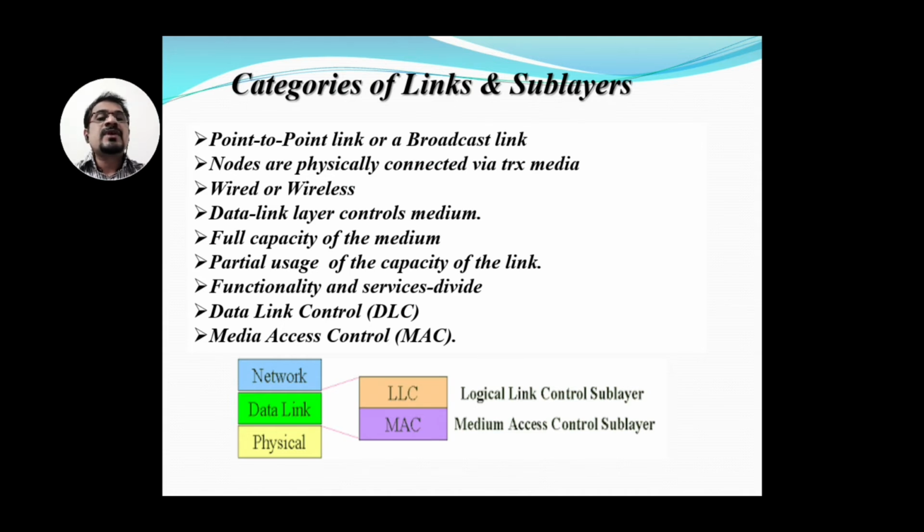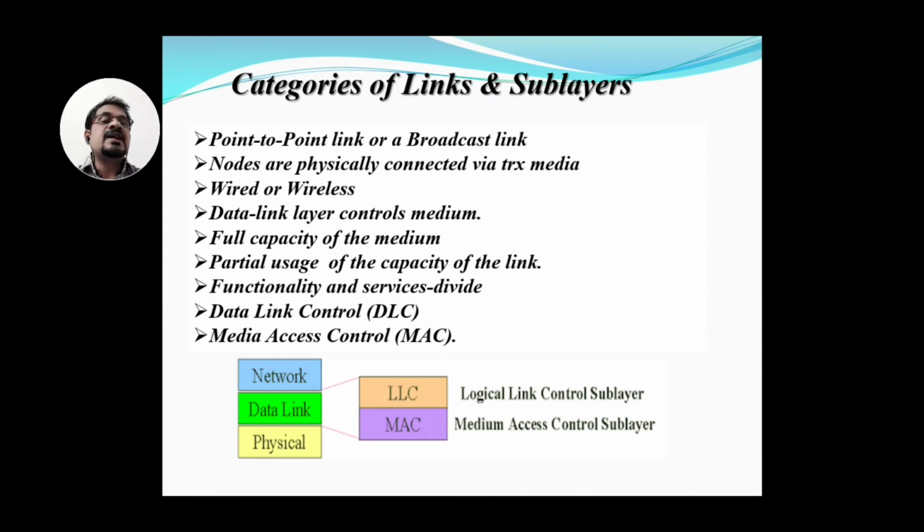For example, if the medium is a wired medium, in that case the data link layer has to control the channel. At the same time, if it is a broadcast, the data link layer has to take control over the transmission medium. Sometimes the nodes may use either the full capacity of the medium, or may be using only a partial capacity of the link.